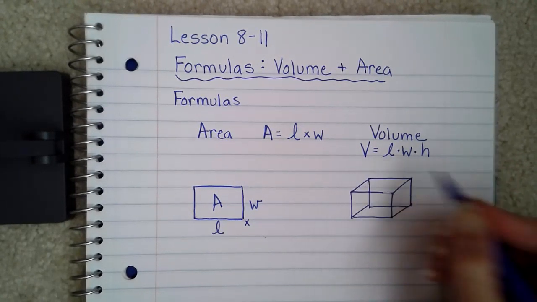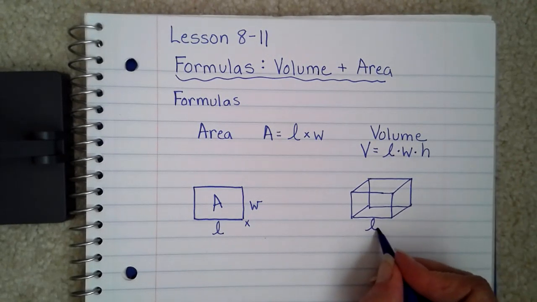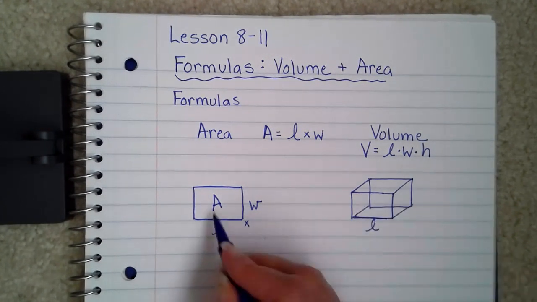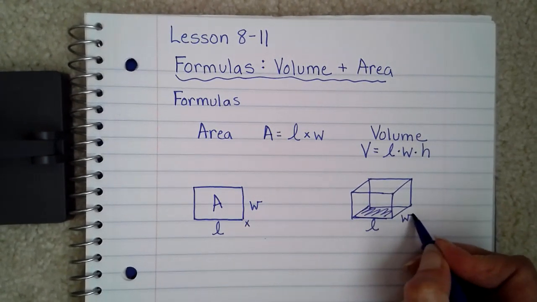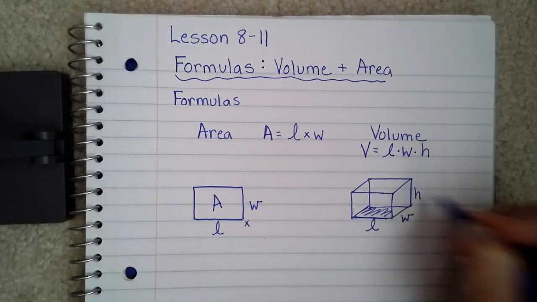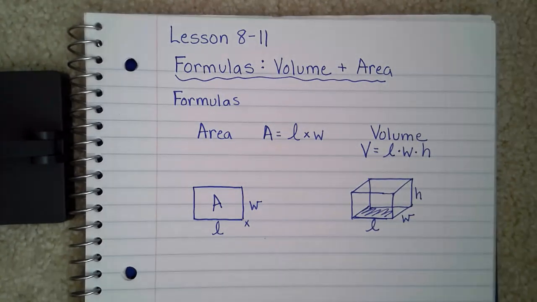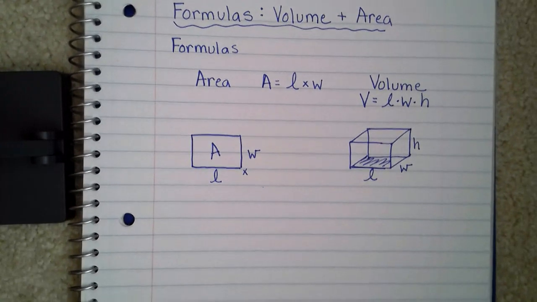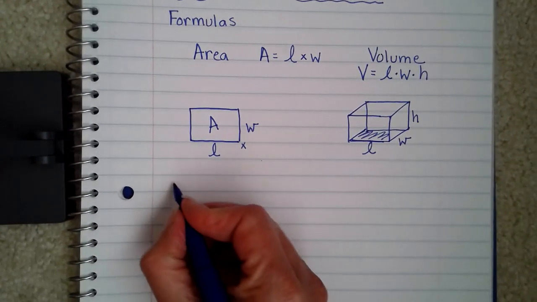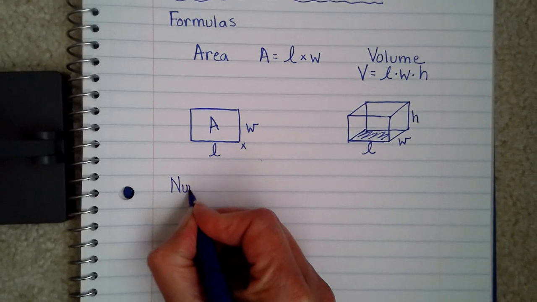So three-dimensional, and we would have the length. So this is like finding the area down here, length times the width, but now we also have to multiply times the height.